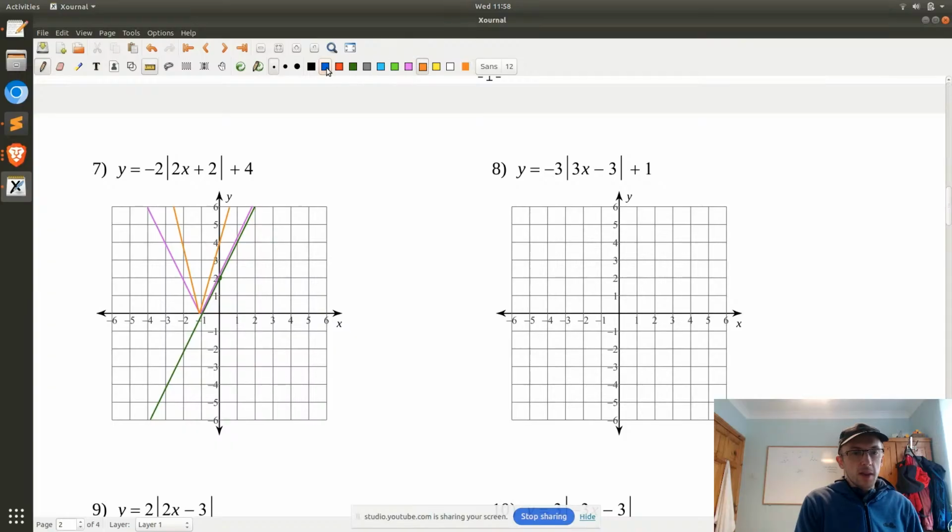I've multiplied everything by negative 2, so it's actually going to be like this. And then finally, I'm going to add 4 to every single value. So it gets bumped up by 4.